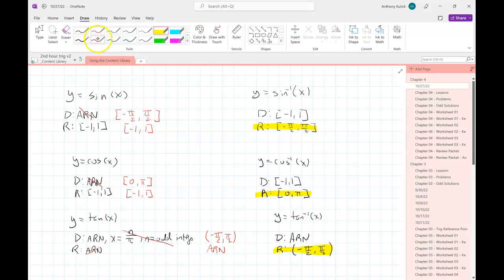Here's a little question based on previous. Notice the range on tan inverse and sine inverse are different. One is a bracket, one is a parenthesis. What does the bracket versus parenthesis mean?